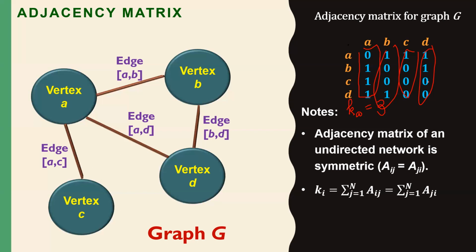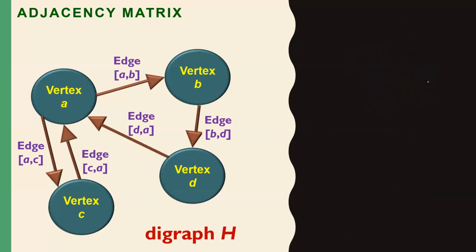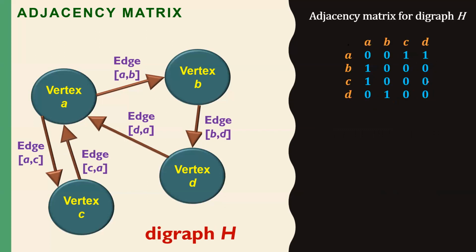Now, a similar thing can be done to get the adjacency matrix of a digraph. But this time, we need to be very particular about where a certain edge starts and where it will end, okay? So for instance, in this digraph, we will have the following adjacency matrix.